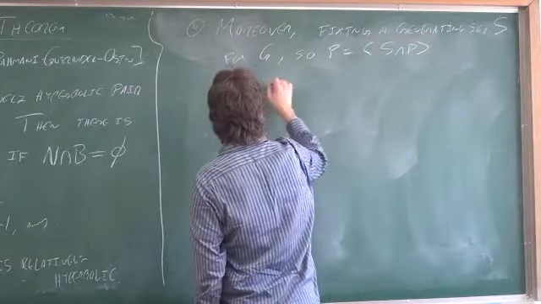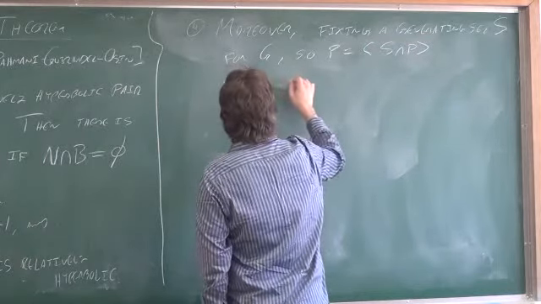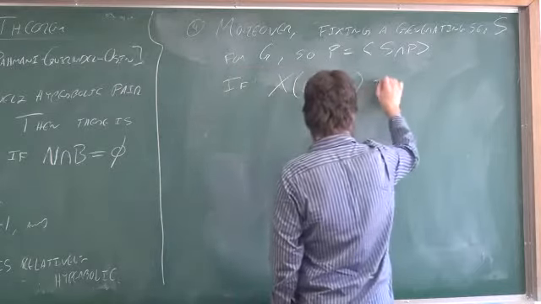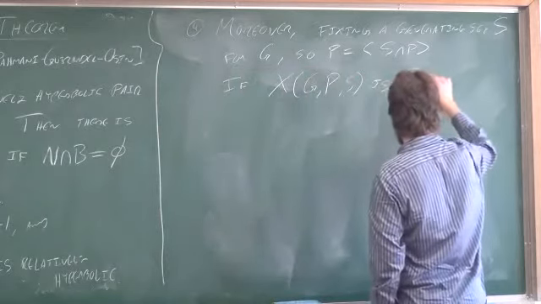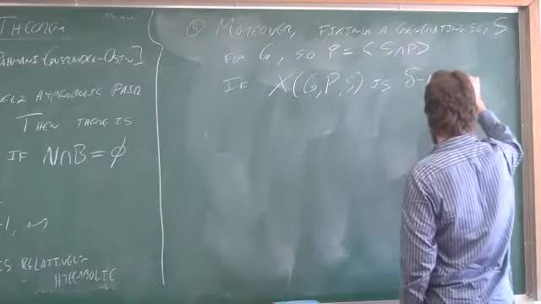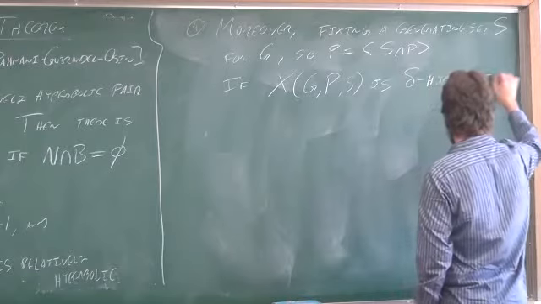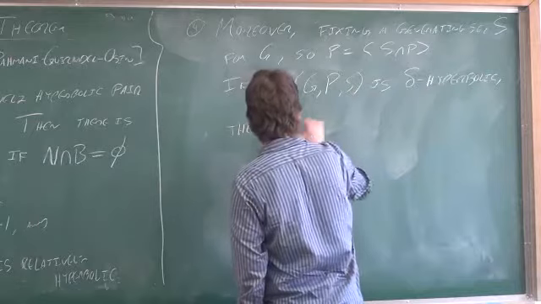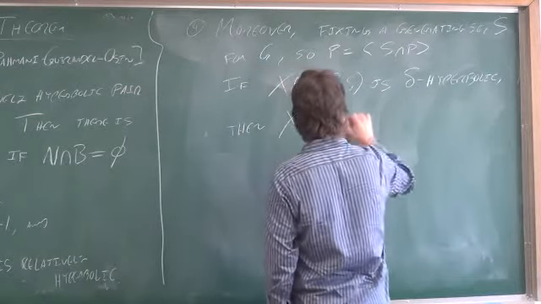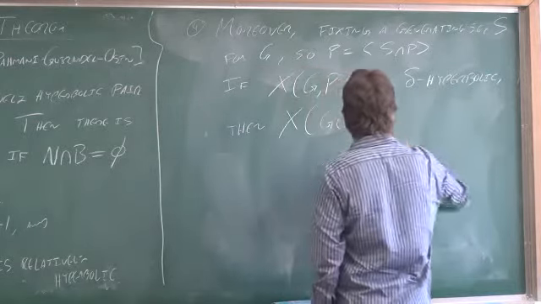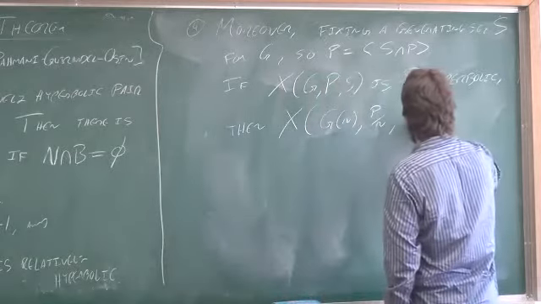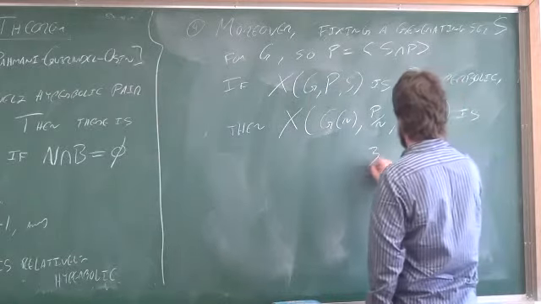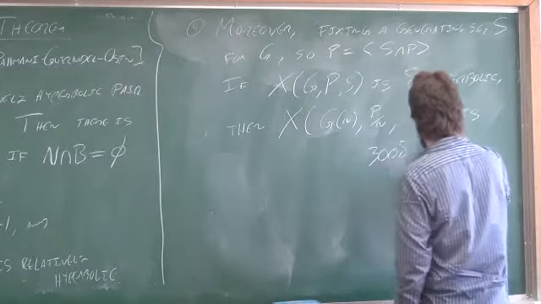So we know that X of G, P, S is delta hyperbolic for some delta. So let's just pick a delta for which it's delta hyperbolic. Then if I look at X of G of N, P mod N, with respect to this same generating set, this is 300 delta hyperbolic.